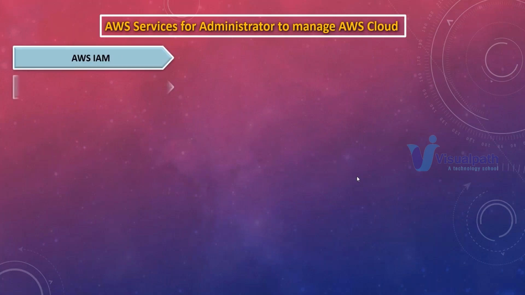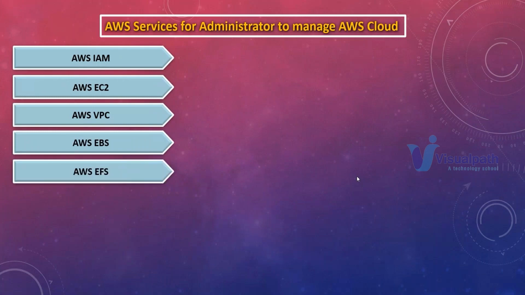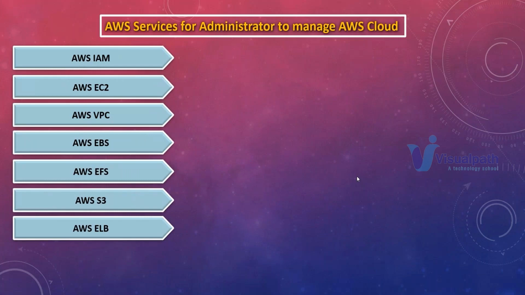IAM service, EC2, VPC, EBS, EFS, S3 bucket, ELB, load balancer, and then auto scaling group.